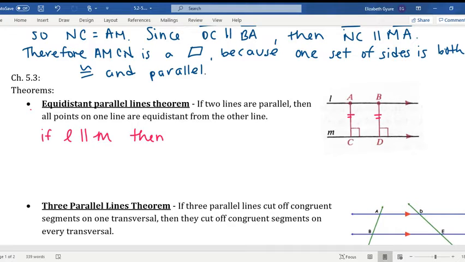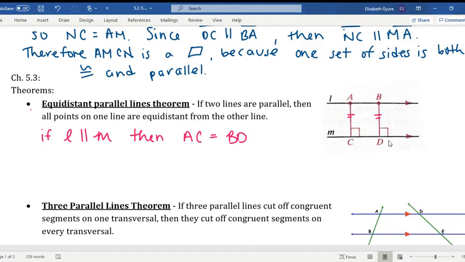That's what this is saying. It says equidistant, so you can use their measures. The measure of AC equals the measure of BD, which should hopefully be reasonably logical, because if they're parallel, that measurement between them is always going to stay consistent. You'll also notice the right angle symbols here.